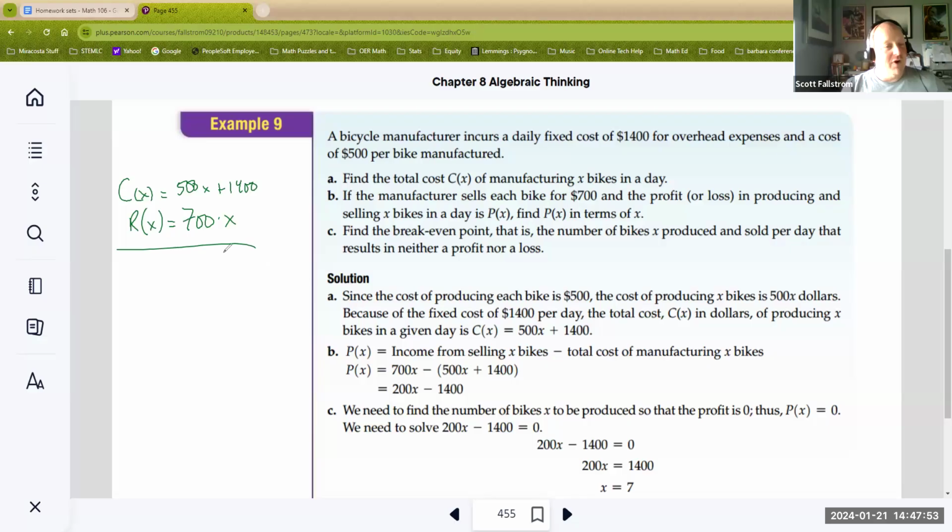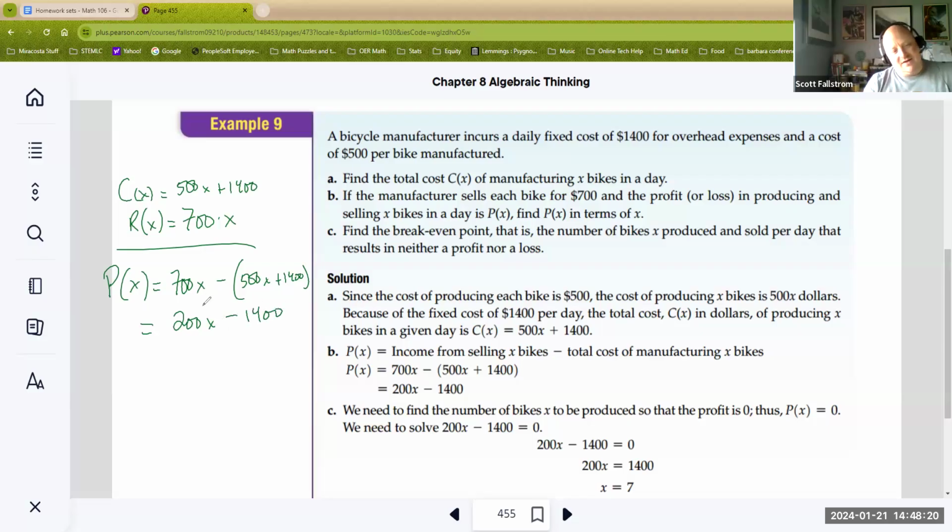And then I can even have profit. If you think about Shark Tank, take all the money you bring in and then pay your expenses, which is your cost, and whatever's left is profit. So the profit function would be 700x minus (500x plus 1400). If you want to simplify that, you can. It would be 200x minus 1400.